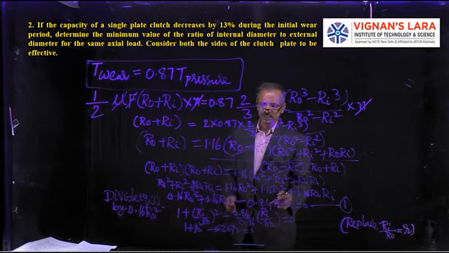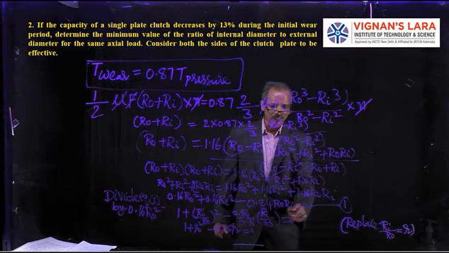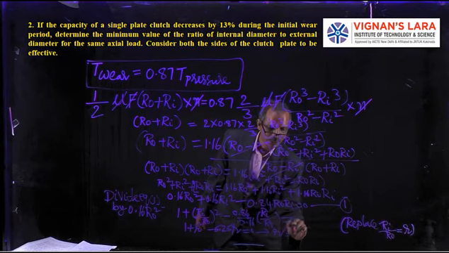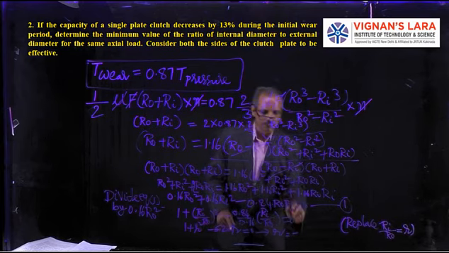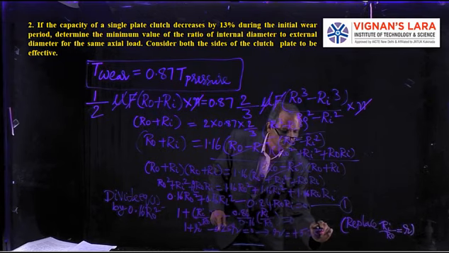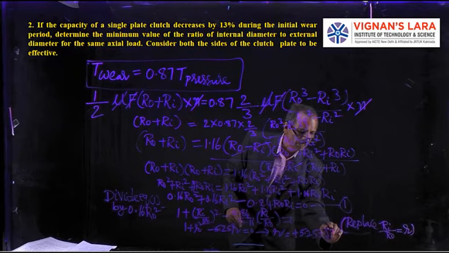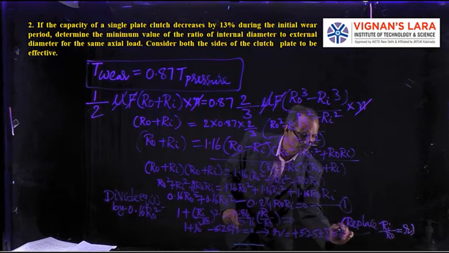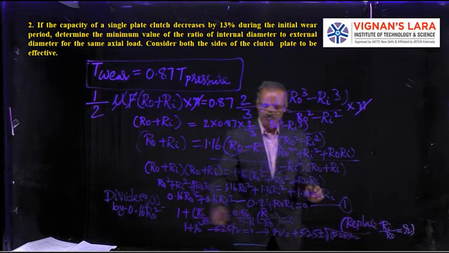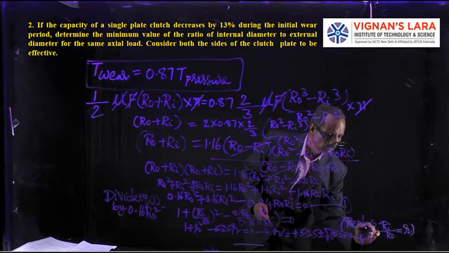Then the roots for this equation: r is equal to minus b, that is minus of minus 5.25, plus or minus root of b square, 5.25 square, minus 4ac, 4 into 1 into 1, by 2a.